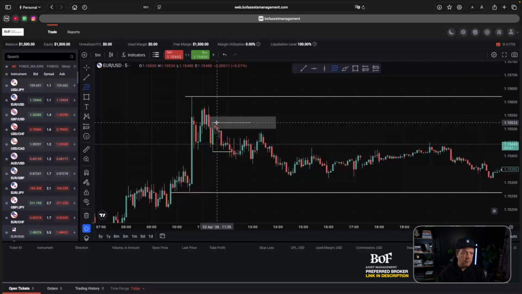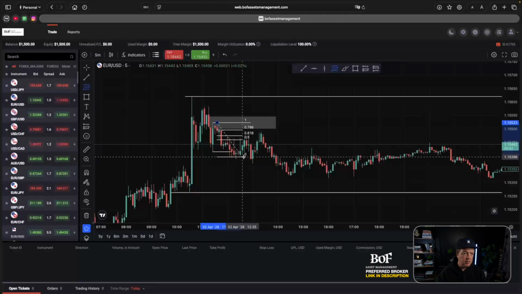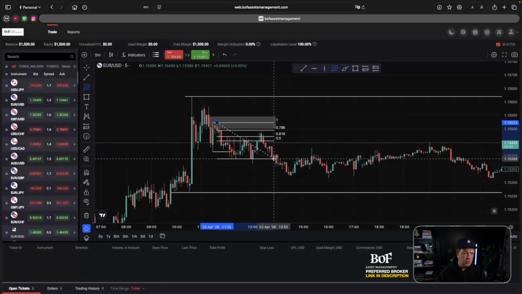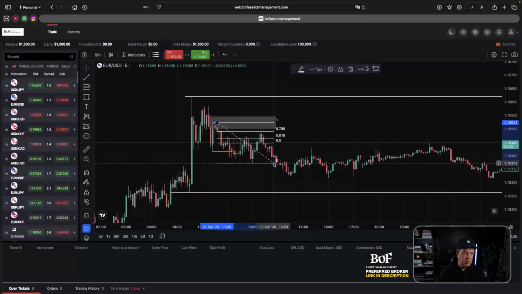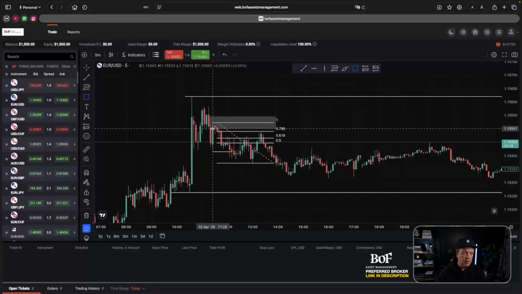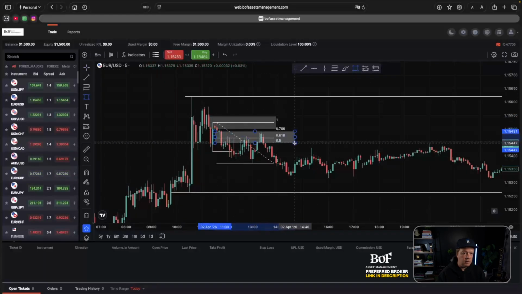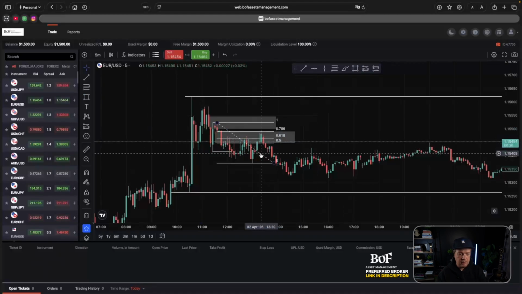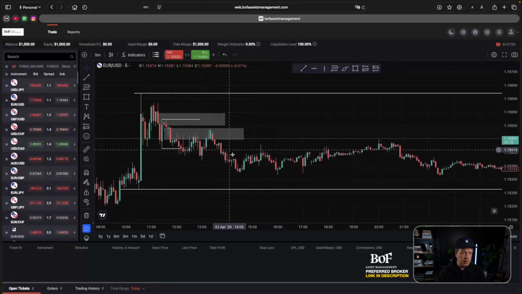So let's draw the fib from this high where this low has been taken out. We can clearly see price entered our golden zone again and we had a nice push down.